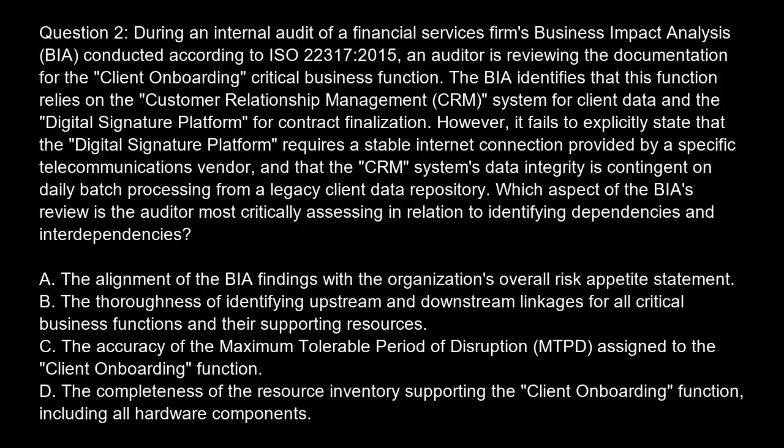Question 2. During an internal audit of a financial services firm's business impact analysis, BIA, conducted according to ISO 22317-2015, an auditor is reviewing the documentation for the client onboarding critical business function.